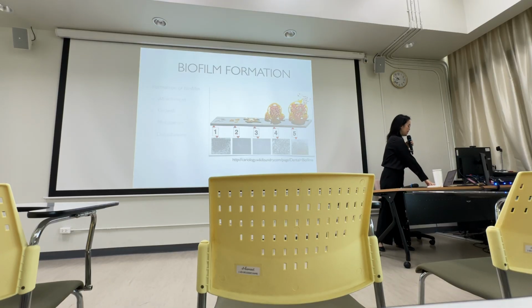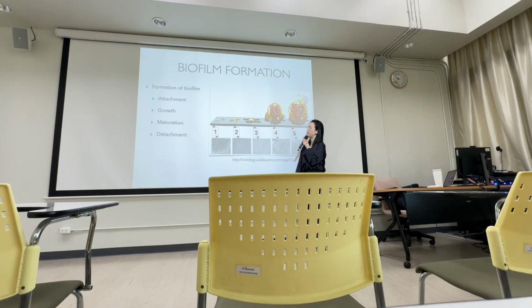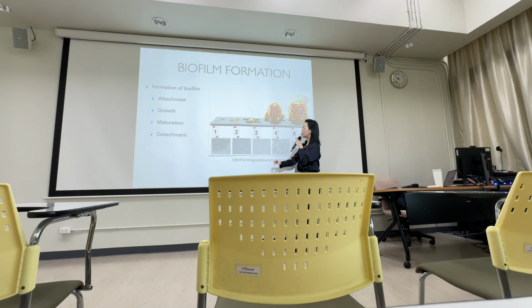So here is a summary of biofilm formation. After the bacteria arrive, they attach or adhere onto the surface that they want. They start to produce the matrix and grow as a community. After that, the biofilm matures. We call it the maturation stage.